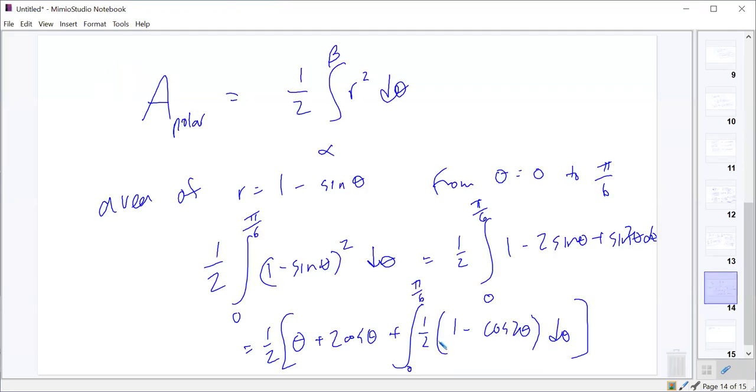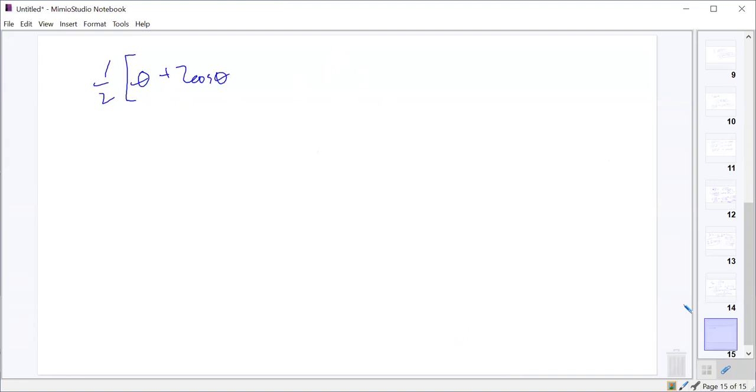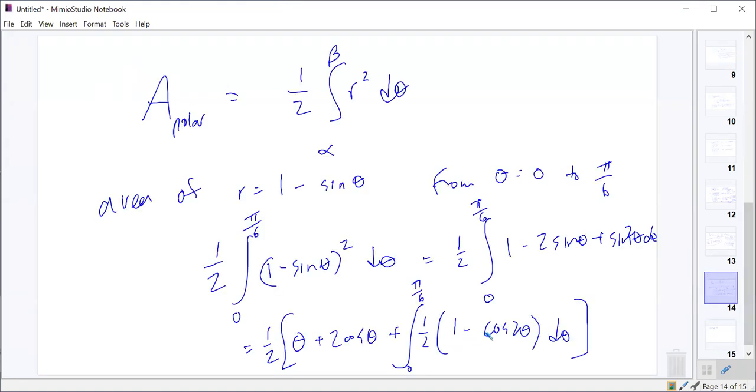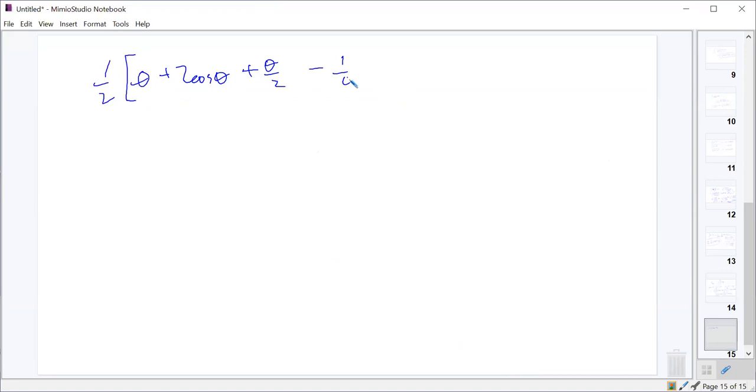And then we got a positive 1/2, so that becomes a plus theta over 2. And then we've got a minus 1/2 cosine 2 theta, which should become a minus 1/4 sine 2 theta. And then we can evaluate that from 0 to pi over 6. I'm not going to bother to go through and evaluate, but it's conceptually okay there.